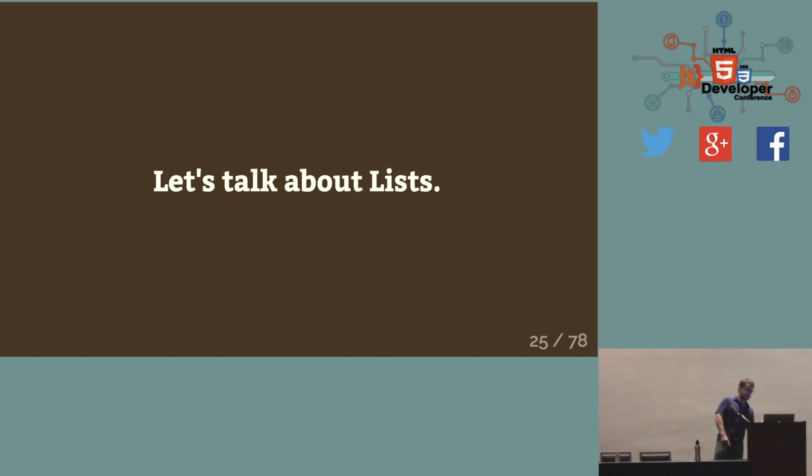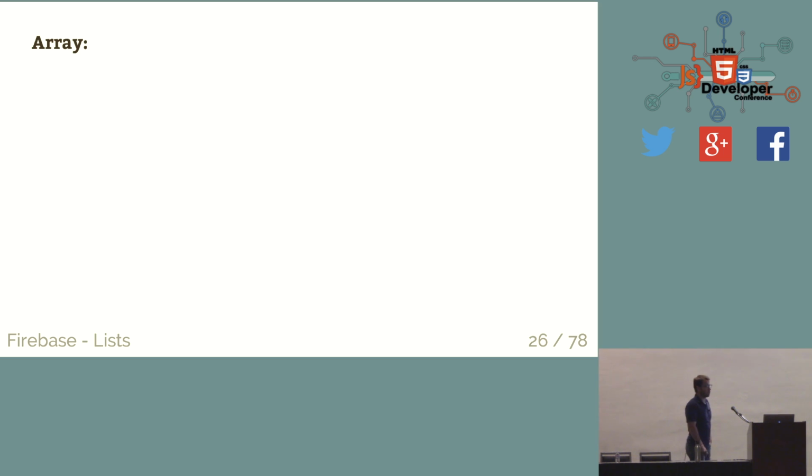I said there are no arrays, but there is something they call lists, which is a data structure pattern using objects in a way that makes them operate very much like arrays, but with some benefits. When we have an array, it maybe looks like this.